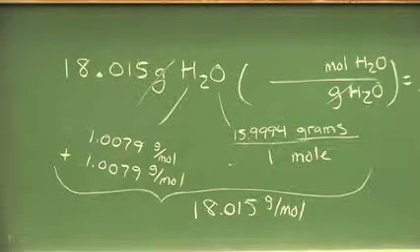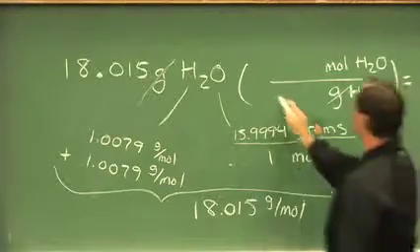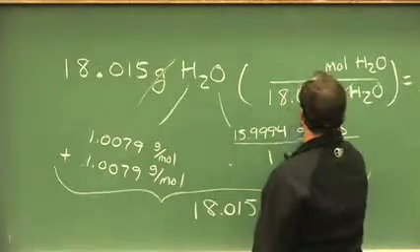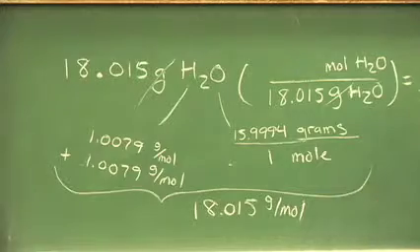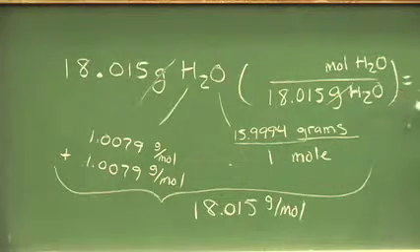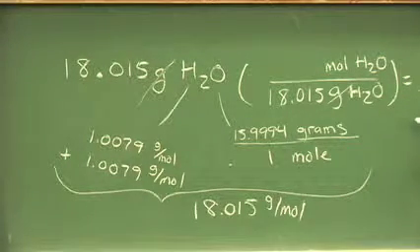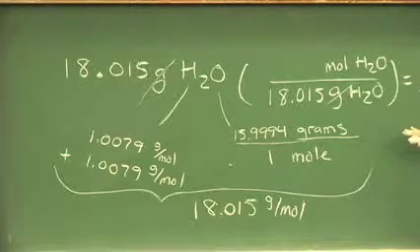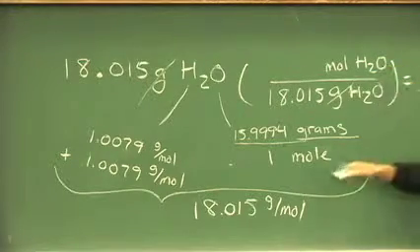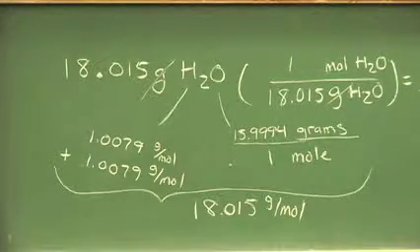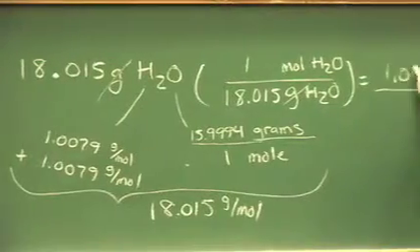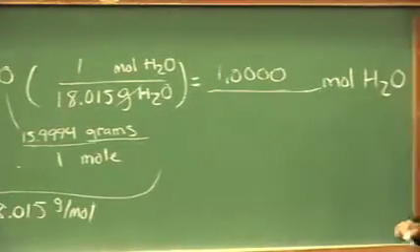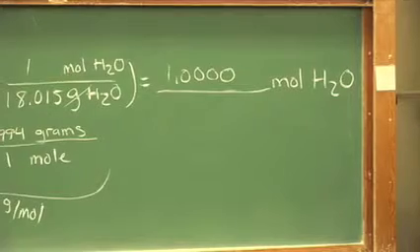Conversion factor says 18.015 grams. Yes, it goes on the bottom. Yes, we divide, but I wasn't really thinking about that. I was letting my units do the work. Grams per mole, 1 mole. No need for a calculator. We have ourselves, to 5 significant figures, 1 mole of water present.